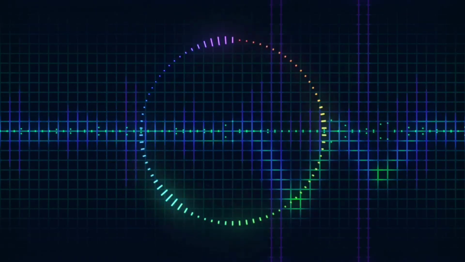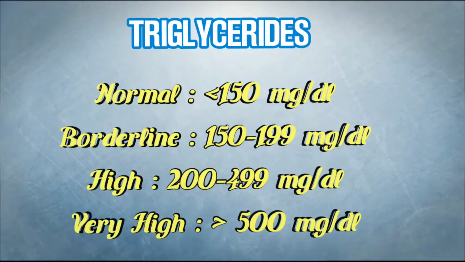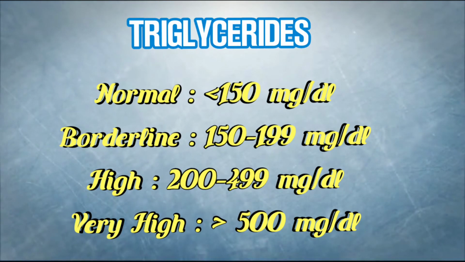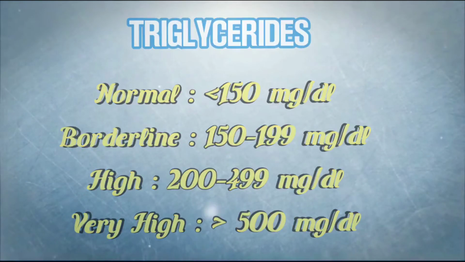The triglycerides normal value is less than 150 milligrams per deciliter. Values ranging from 150 to 199 is considered as borderline, and 200 to 499 is considered as high, and values greater than 500 is considered as very high increase in triglycerides.